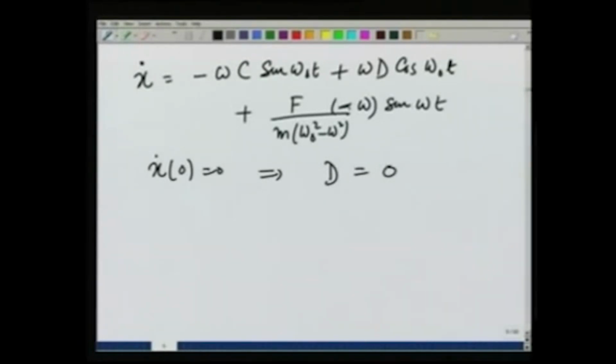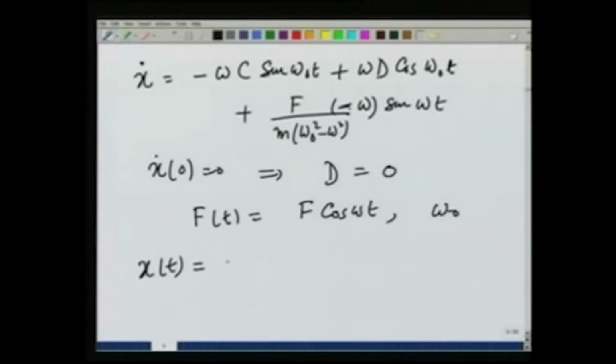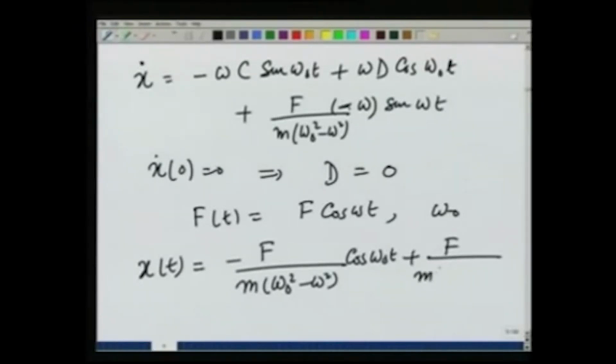And therefore, if I take an oscillator subject to a force f t equals f cosine of omega t and its natural frequency is omega 0, then the general solution starting with 0 velocity from the equilibrium point is going to be c, which was minus f over m omega 0 square minus omega square cosine of omega 0 t plus f over m omega 0 square minus omega square times cosine of omega t.